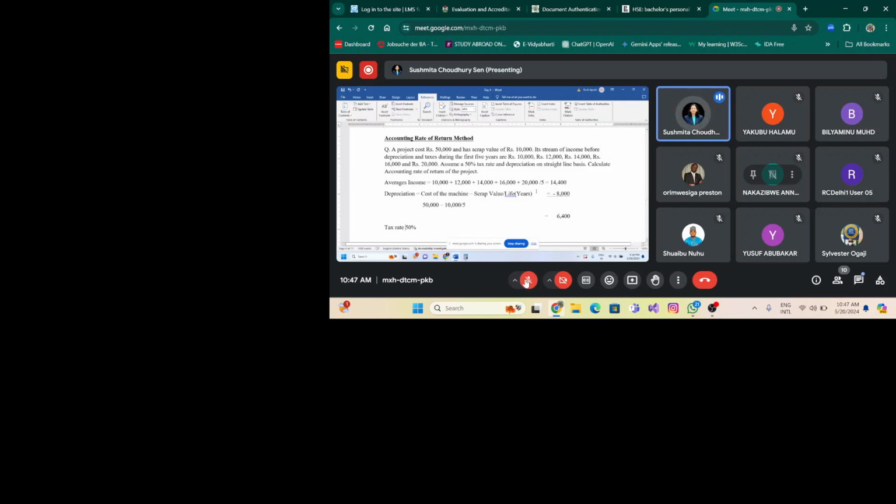So 50% of 6,400 is half of 6,400, that is 3,200. So the actual average earning would be only 3,200.